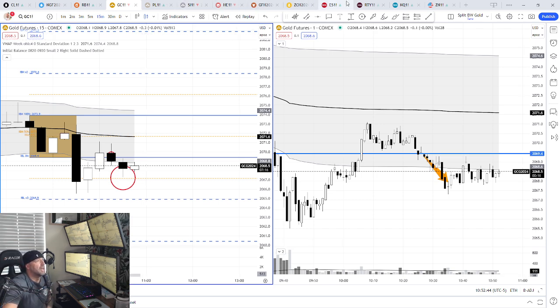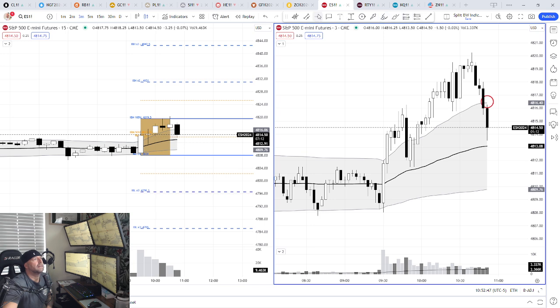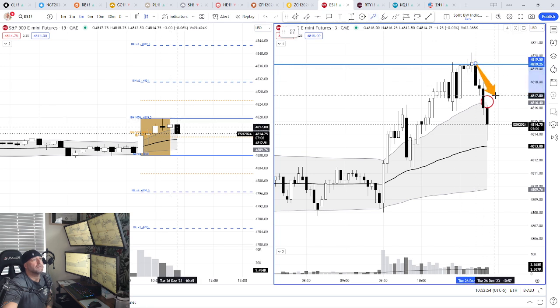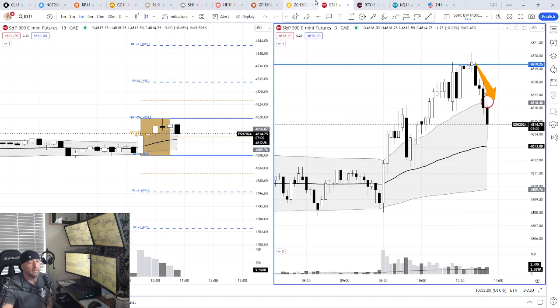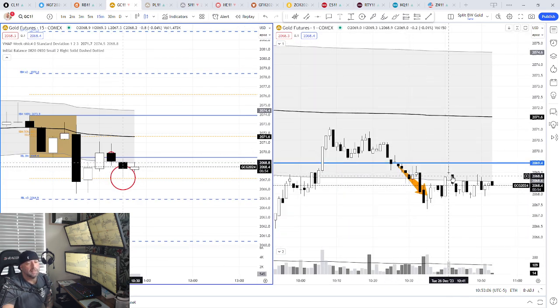And then I just had that scalp on IB high right here. And I took that short to value area high in the session. Let's take a look. Yeah, I see that.